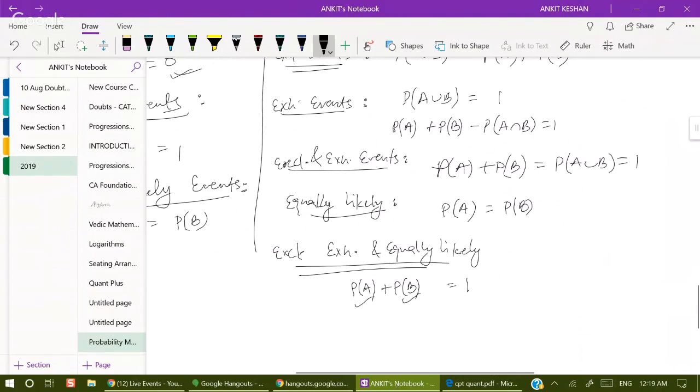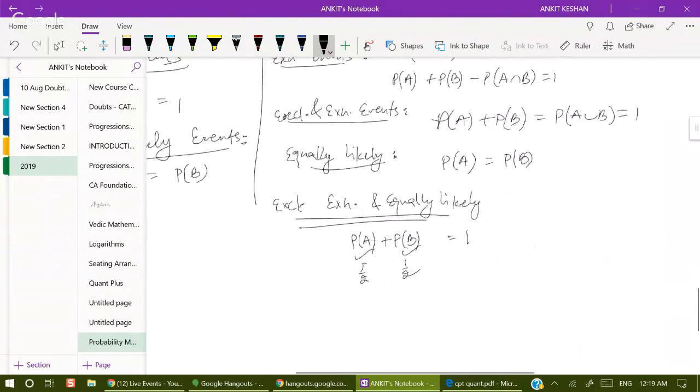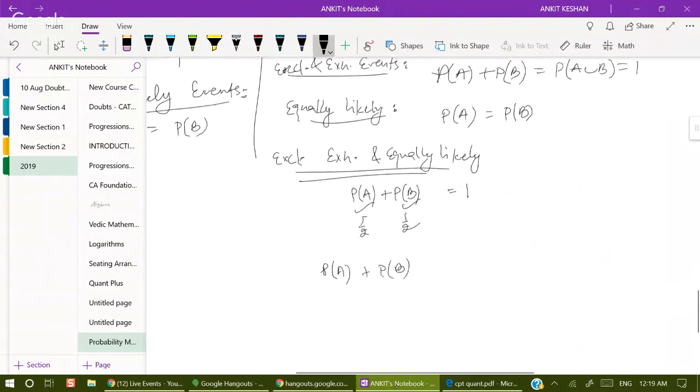That means PA is equal to 1 by 2, PB is equal to 1 by 2. If there are three events PA, PB, PC, then PA plus PB plus PC is equal to 1, and all these are equal. That means 1 by 3, 1 by 3, 1 by 3.